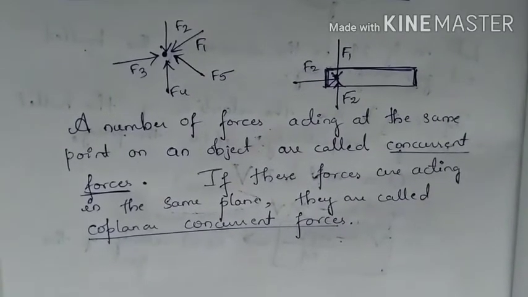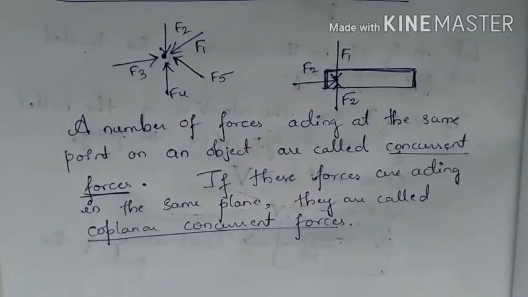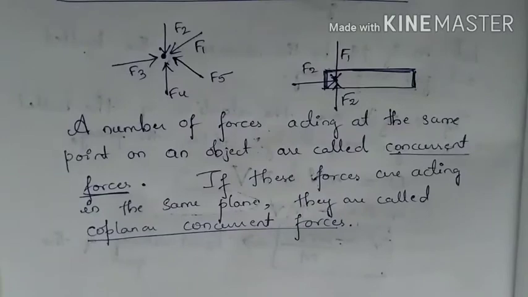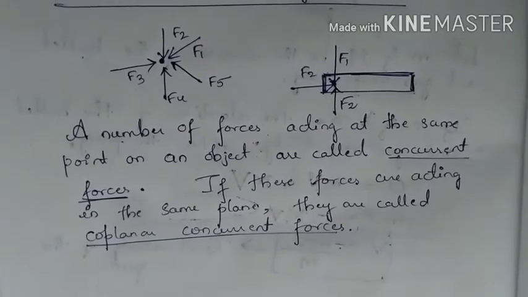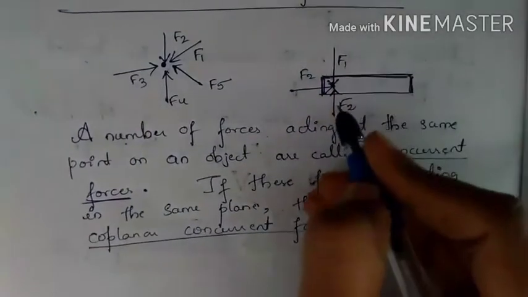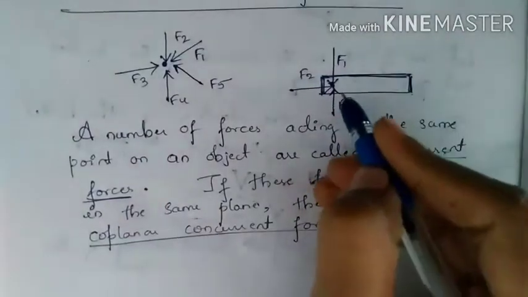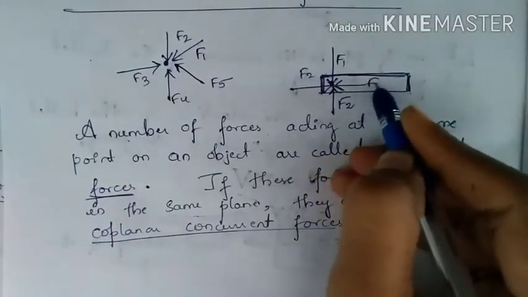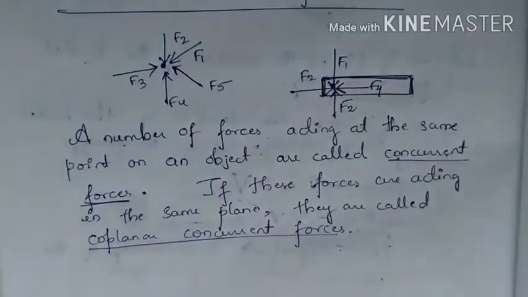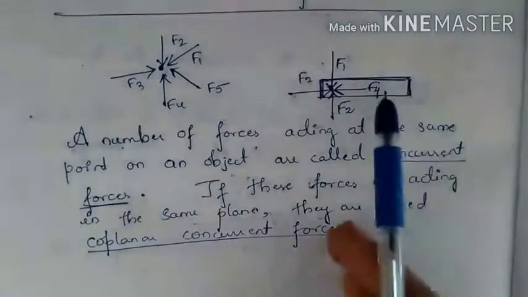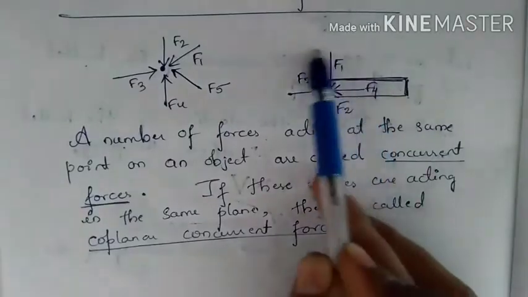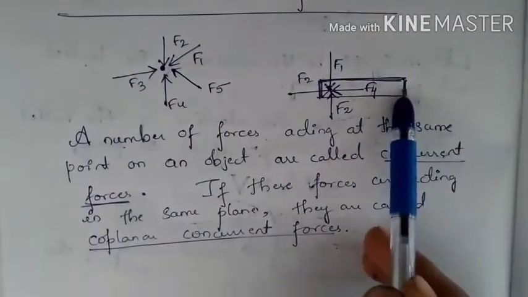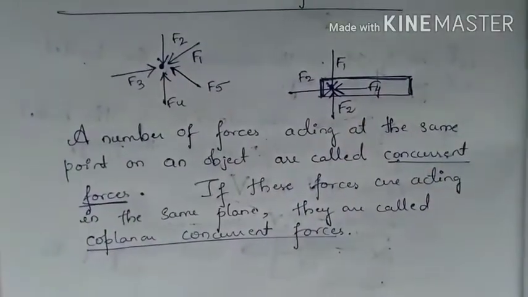So when there is no change in the state of rest or uniform motion of a body on which these forces are acting, then the body is said to be in equilibrium. Let us take the same book example. Let me add one more force here, F4. Even after the application of 4 different forces, this book will remain at rest.